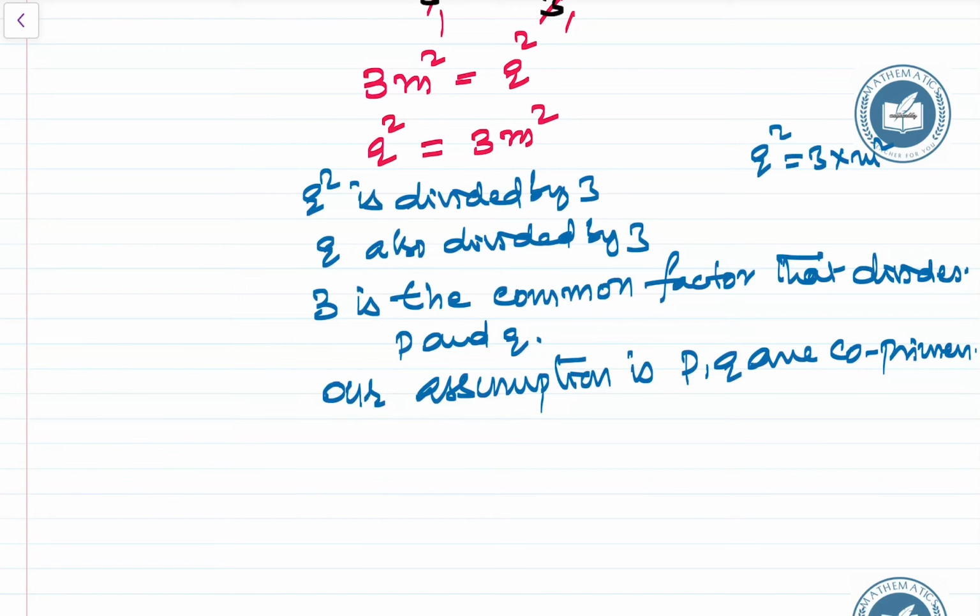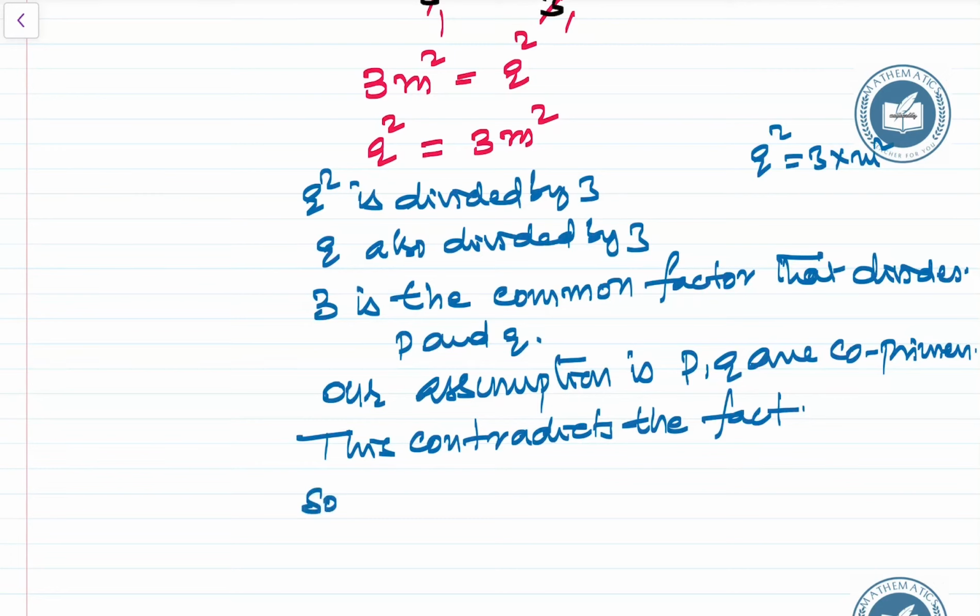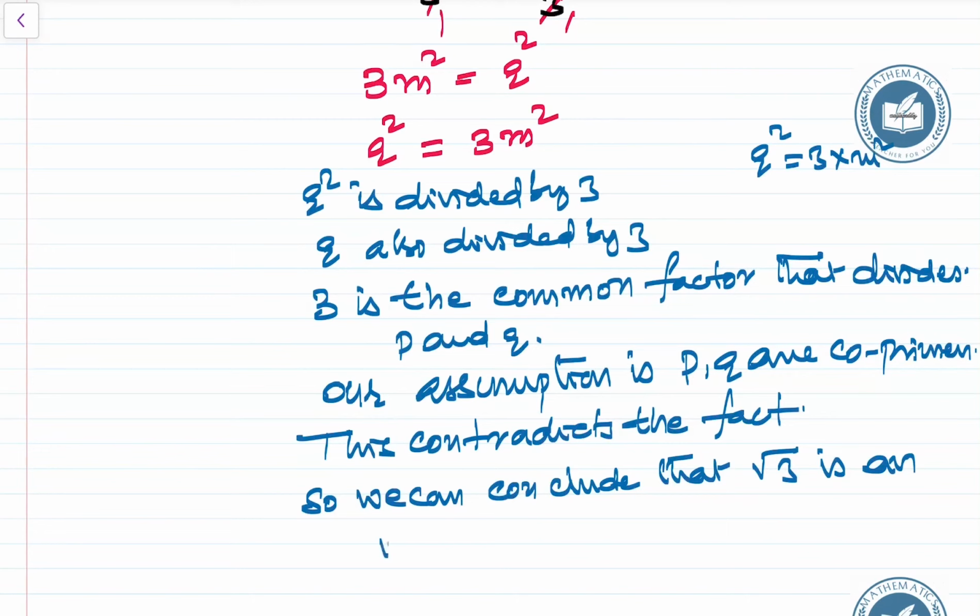This contradicts the fact. So we can conclude that root 3 is an irrational number.